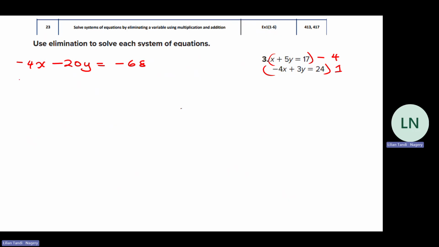The second equation stays the same because the coefficient we are using is positive 1, and this is 24.